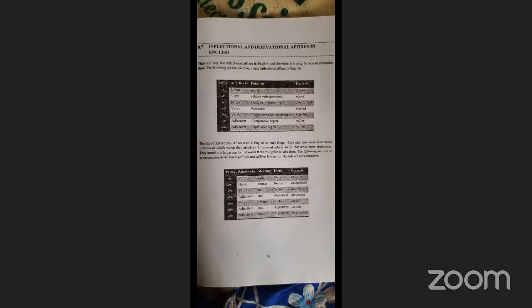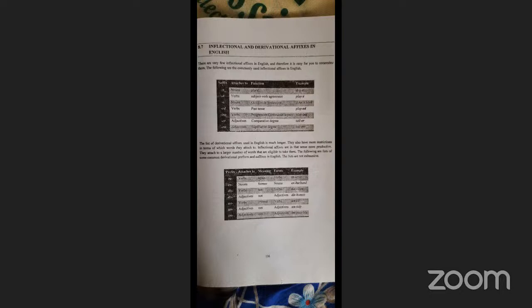Brunch is a blend, a new word formed with the combination of two words, breakfast and lunch. The BR of breakfast and the UNCH of lunch, when combined, became brunch. So this method of forming a new word is called blending.